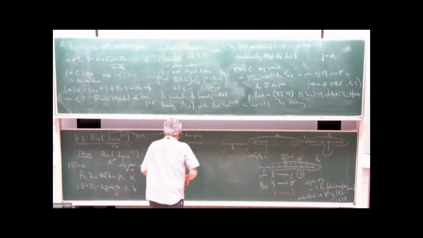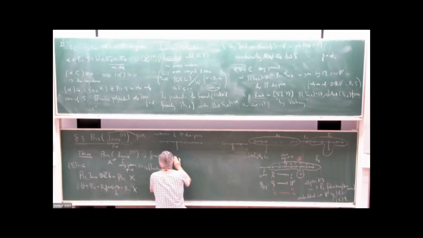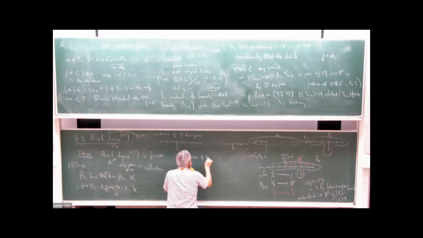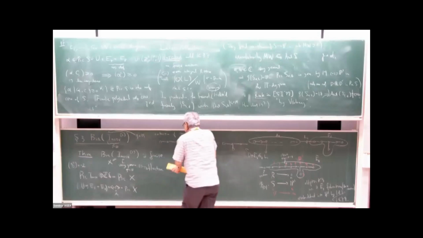And we get -2 divisors. Firstly, -2 classes of divisibility 1, and some of divisibility 2.